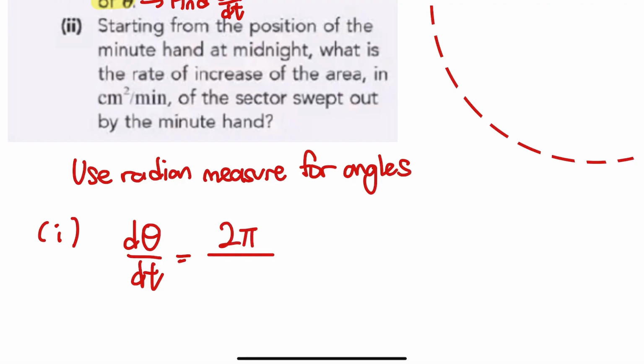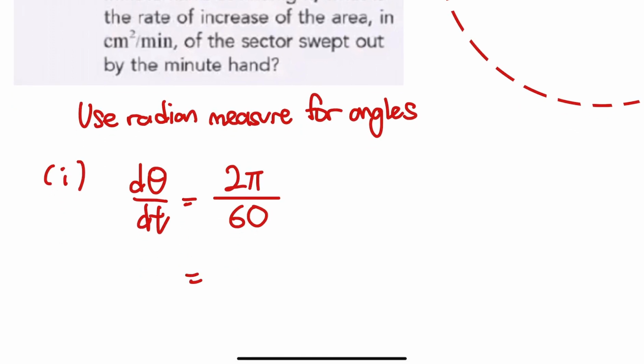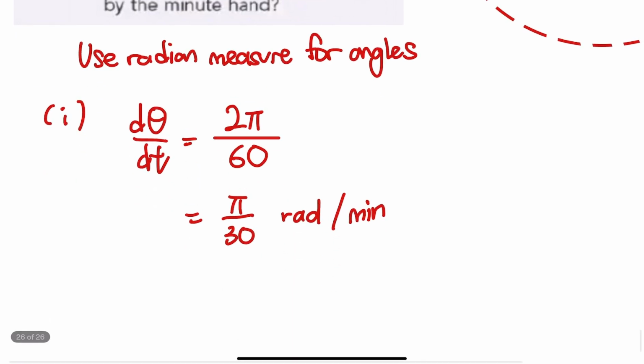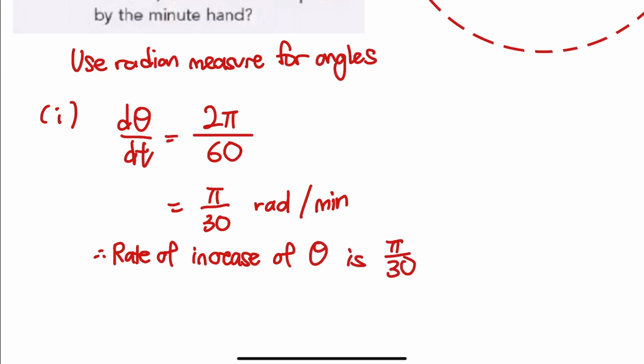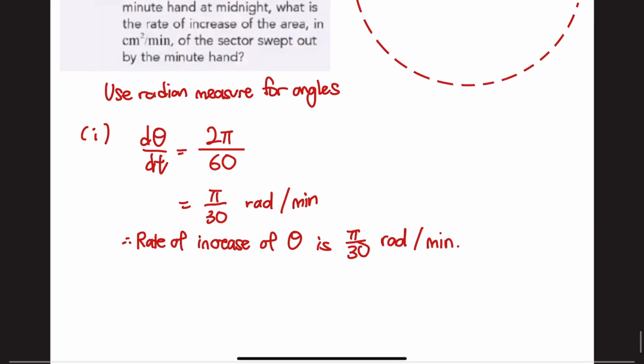It turns 2 pi, one full circle, in 60 minutes. Which means that my d theta over dt is simply equal to pi over 30 radian per minute. So therefore, in words, the rate of increase of the angle theta is pi over 30 radian per minute. And this is for part 1.